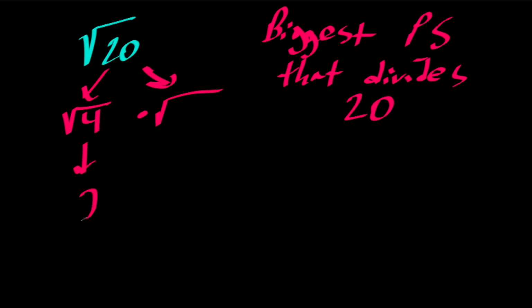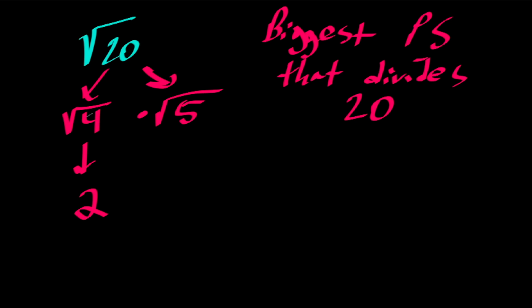The square root of 4 would be 2. Now we have to account for breaking this down into 4 and 5, basically. So we leave one radical as the square root of 4, and the other with whatever's left over, so that's the square root of 5.